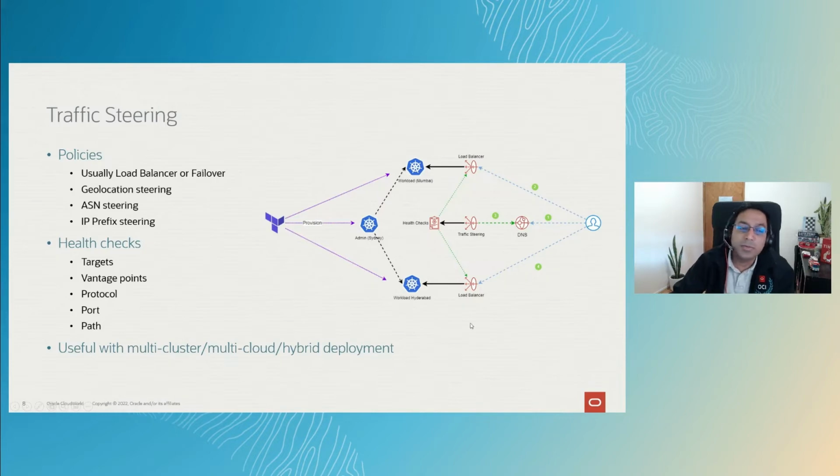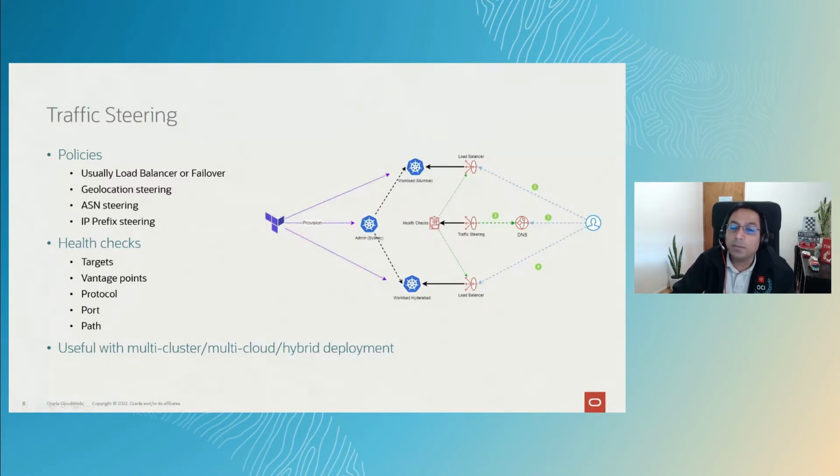Another scenario to use traffic steering is for DR purposes. Let's say you've got to do maintenance on your Mumbai cluster. You need to bring it down, for example, maybe for upgrade purposes or some other reasons.